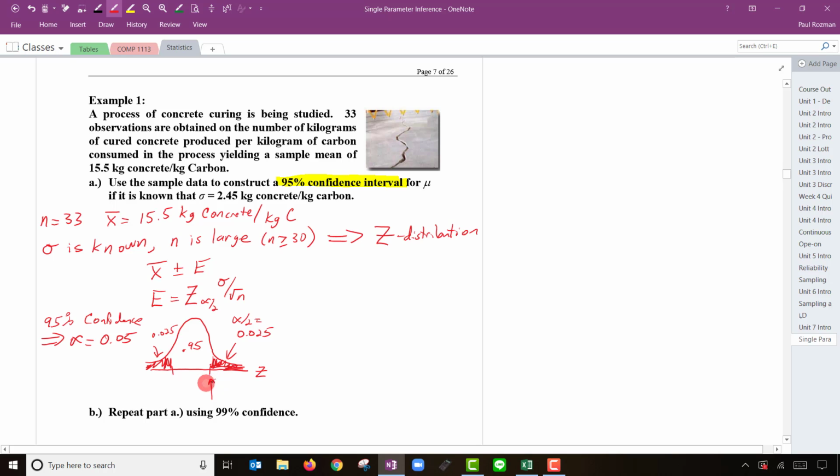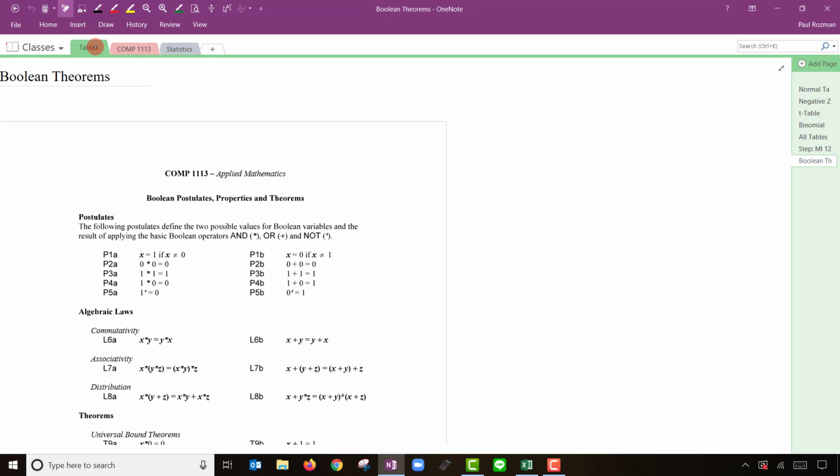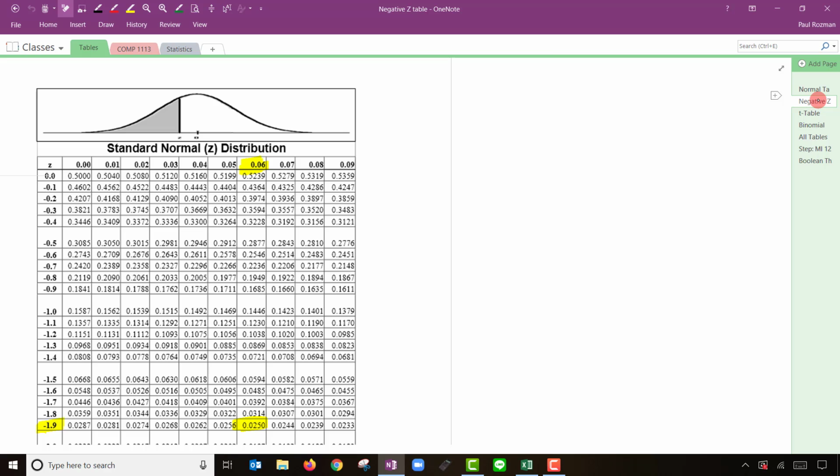If I had my z table that was negative, then I'd have a fighting chance. I could just look up 0.025 in my negative z table, and I'll get negative 1.96. But let's look this up. I do have a negative z table. Oh, sweet. So I can look up in my table.